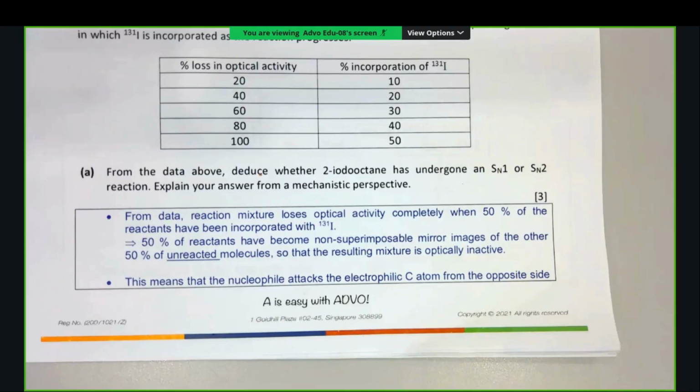This point just explains how come you have an inversion. Basically, it means the attack from the back side makes you flip. The question is, instead of explaining by that, can you explain that SN1 would give you only 25% and 35% and not cancel?